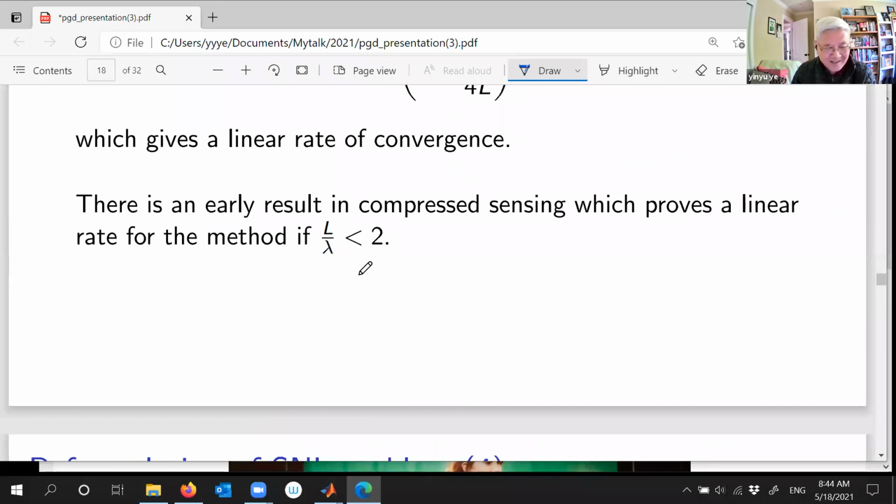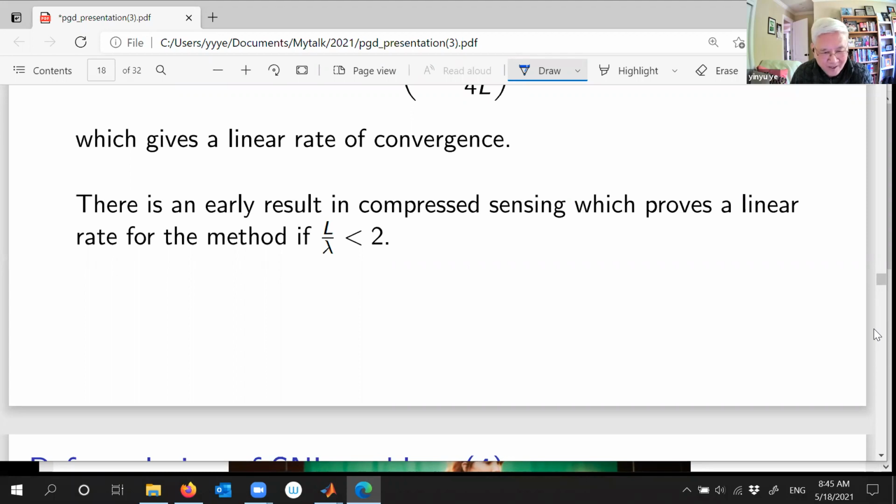So this is a very simple algorithm, which basically uses steepest descent. Then as long as we can do this projection back to the feasible set efficiently, either convex or non-convex, you are guaranteed convergence.